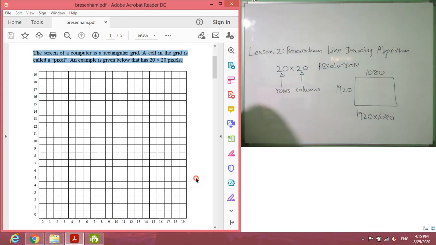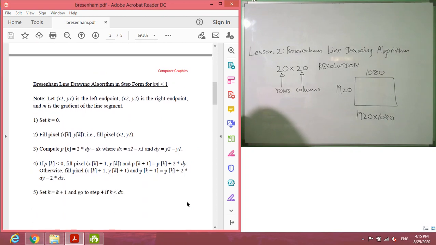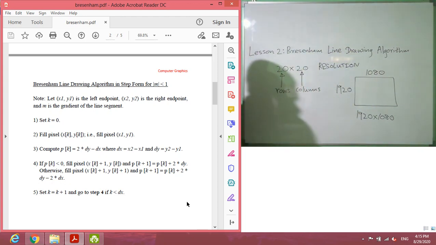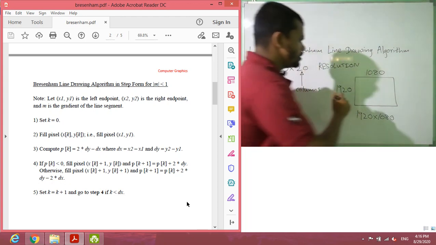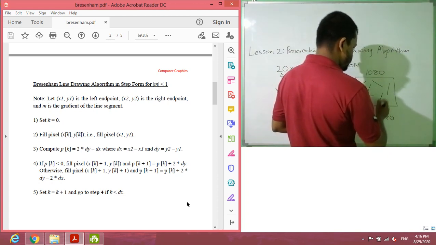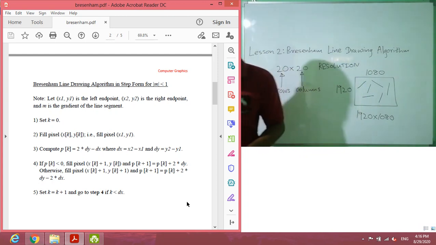Now let's move to the Bresenham line drawing algorithm. This algorithm is used to draw line segments on the computer screen.